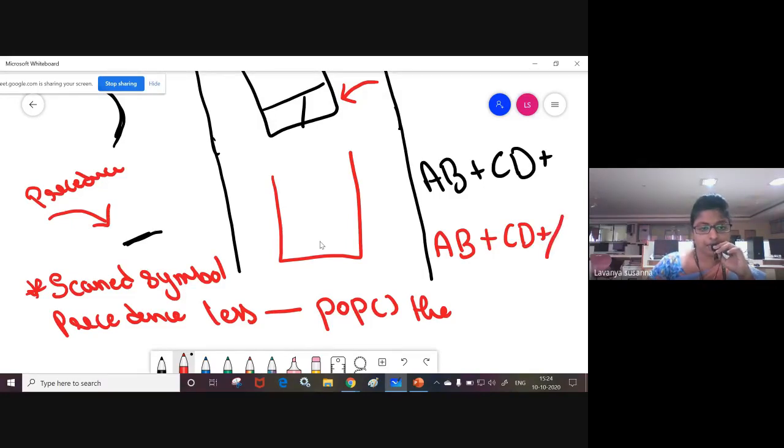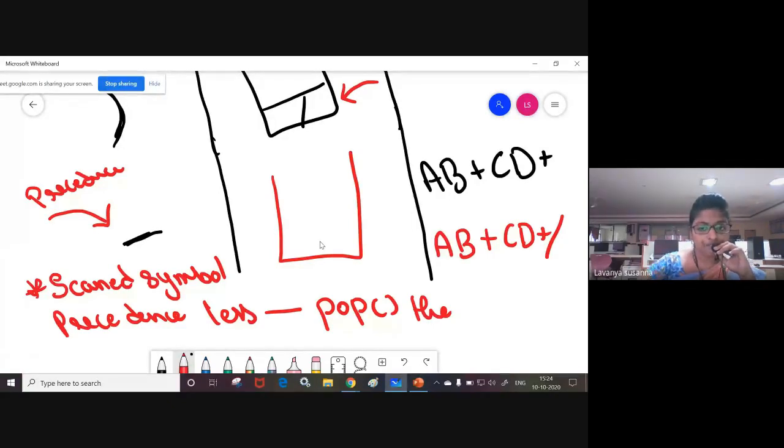If the scanned symbol's precedence is less, you need to pop. Otherwise, you need to push. You need to compare only the topmost element in this stack.